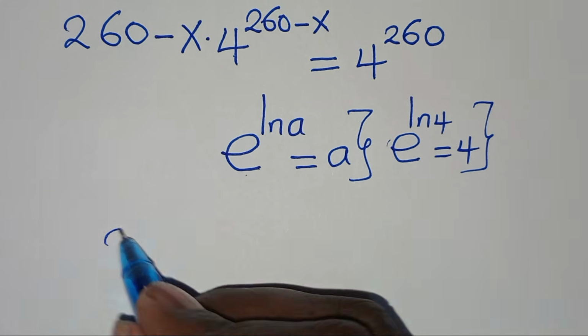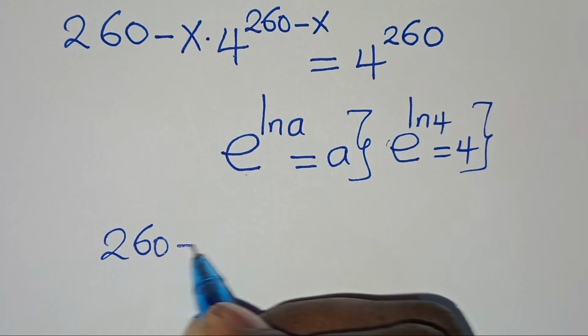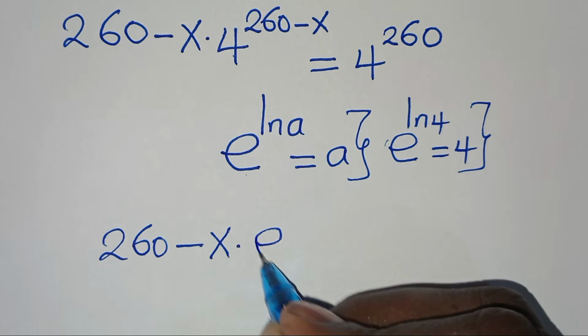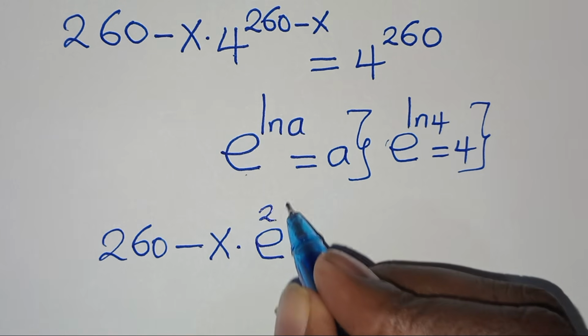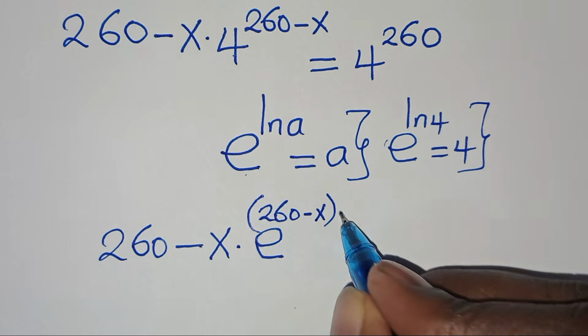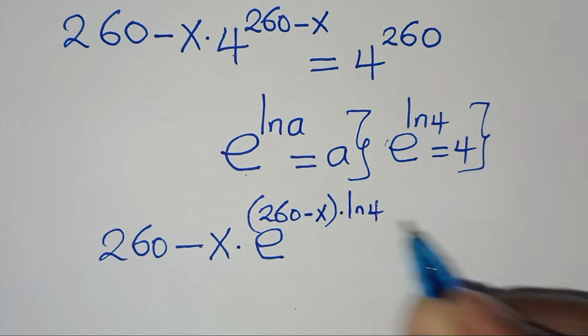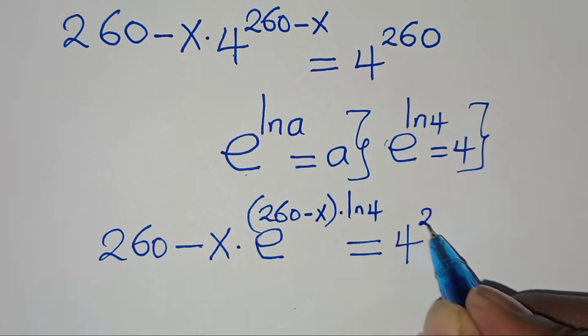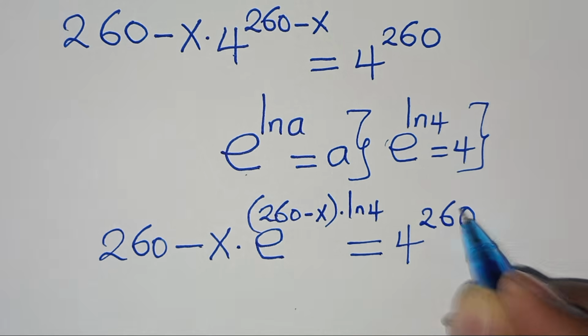So we have 260 minus x multiplied by exponent e raised to the power of 260 subtract x multiplied by ln of 4. This is equal to 4 raised to the power of 260.